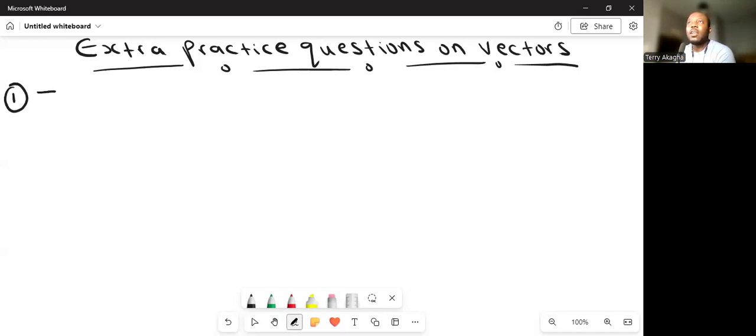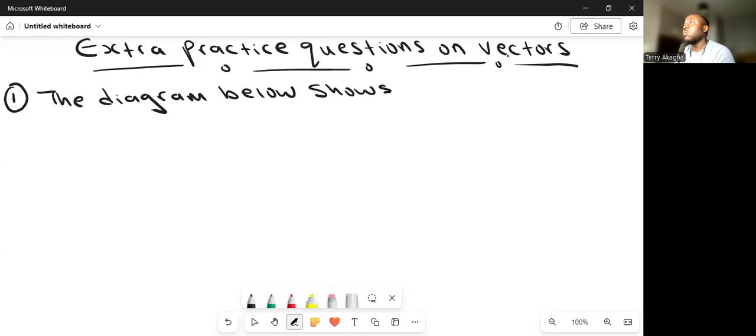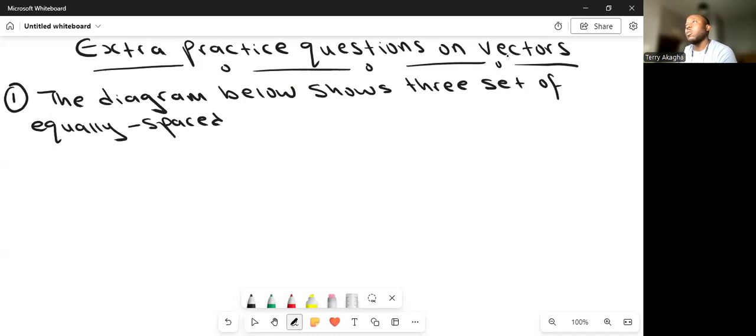The question said the diagram below shows 3 sets of equally spaced parallel lines.